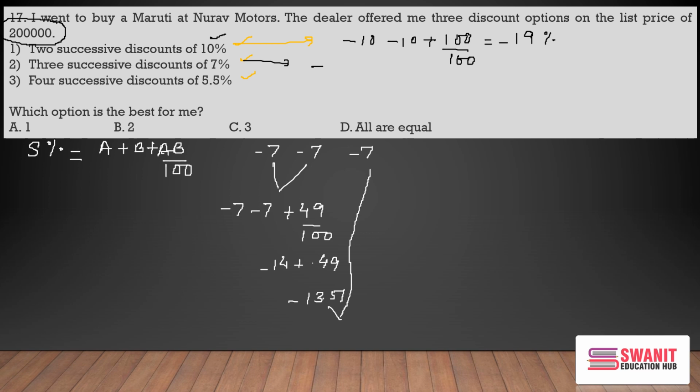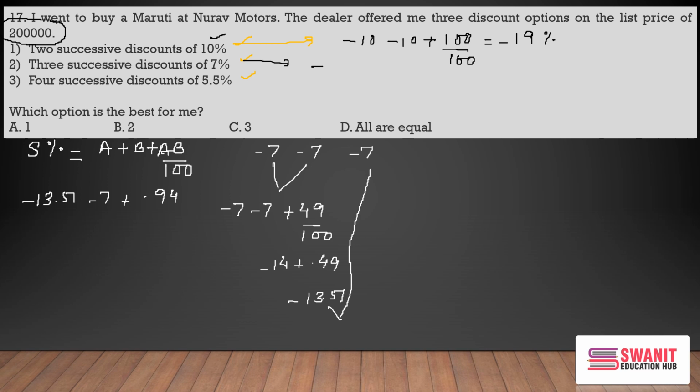Now this minus 13.51 and this minus 7. So we have to put another formula of successive percentage, which is minus 13.51 minus 7 plus, now we need to multiply minus 13.51 and 7. Even you can do approximation, but even if you want to multiply it, you can do that and get the value. Somewhere it will be close to 0.94 upon division.